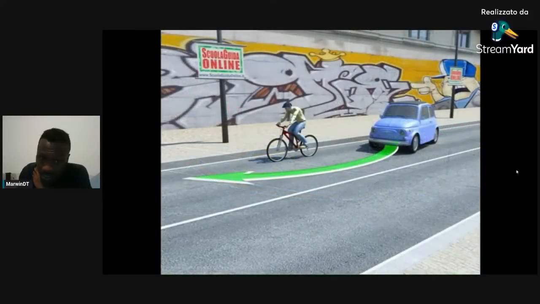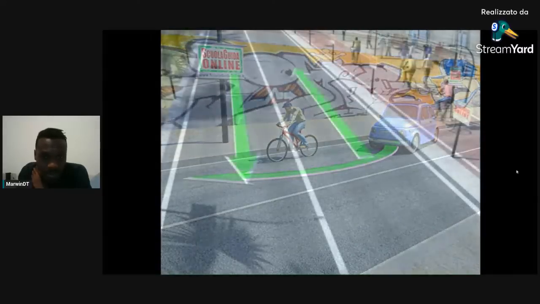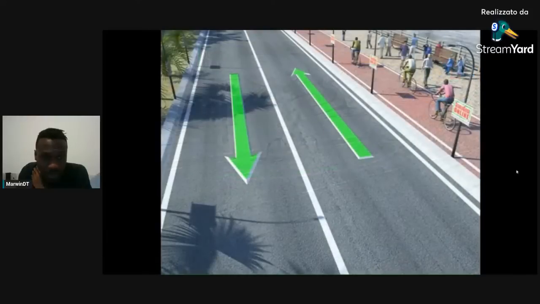So you see, you can do overtaking, but you must not enter in the opposite direction because the line is continua. Very good. So here it is, double direction road. Very good.